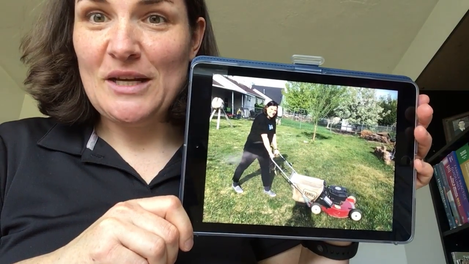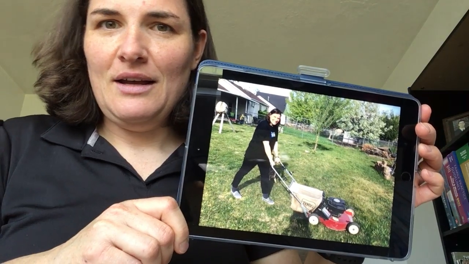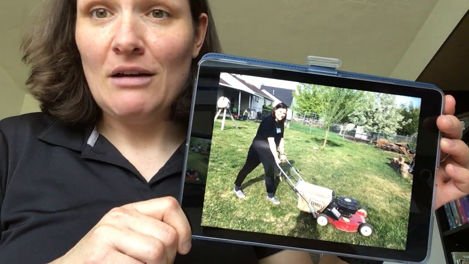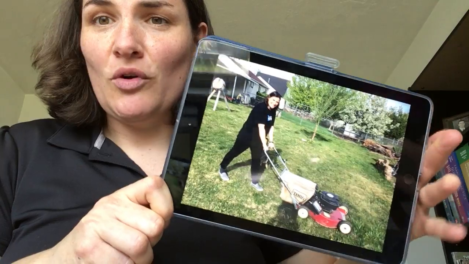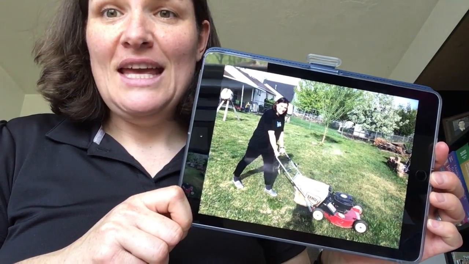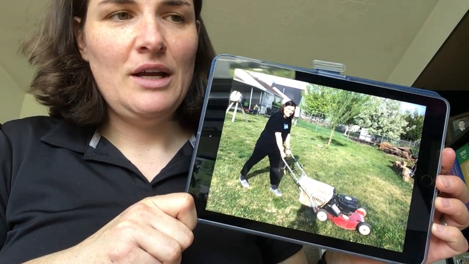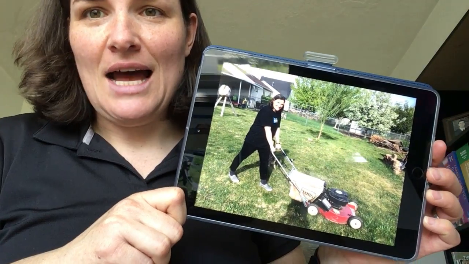So if they said Emma outside, then I would add one more word. So I would say Emma work, or Emma is outside, or Emma likes outside, and then hopefully they would follow that model of a longer expression.